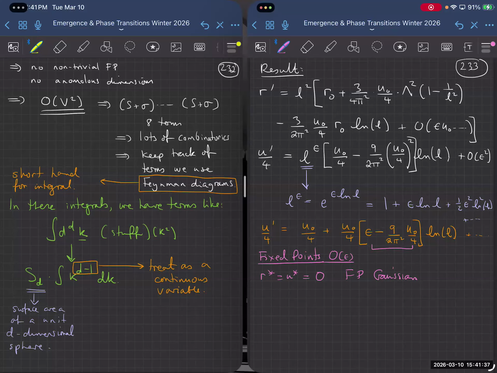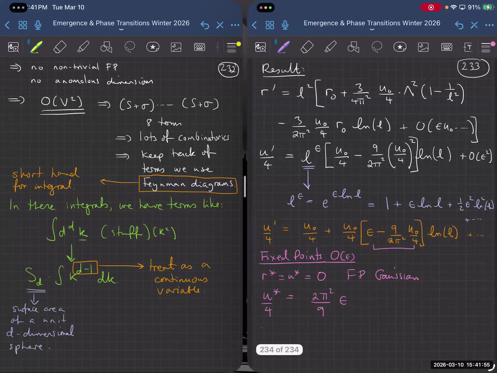So there's another fixed point, which is U star over 4 is equal to 2 pi squared over 9 times epsilon. Okay, so that's a non-trivial fixed point.